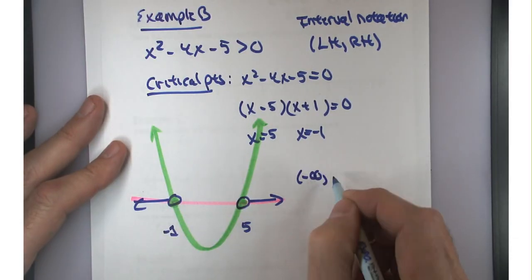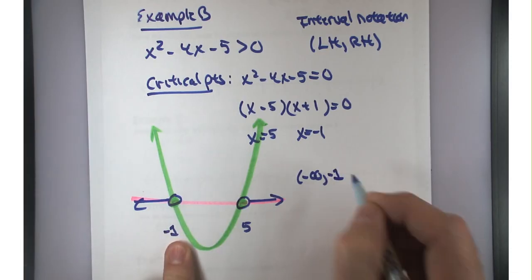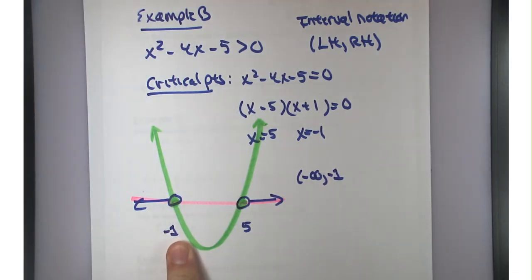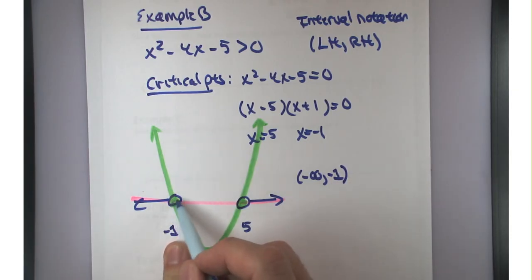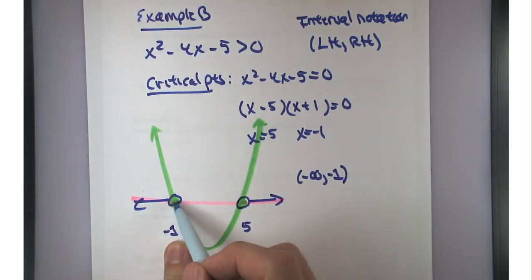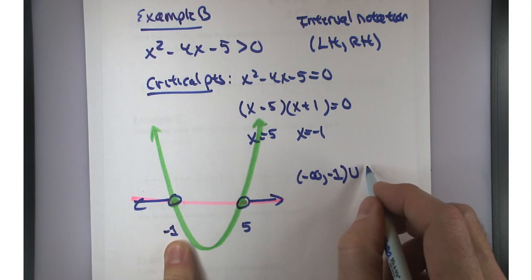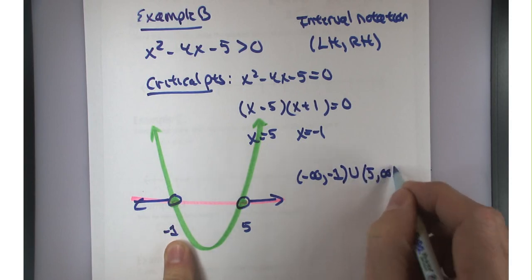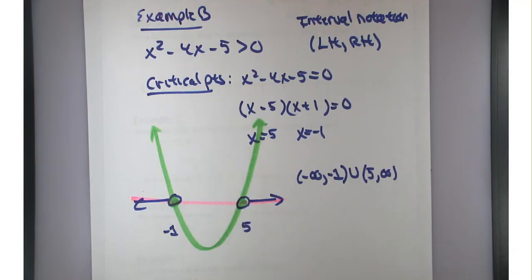Negative infinity to negative 1. Ah, well done. Parentheses. I didn't even get to get the question out. You've got the answer for me. We're not going to include the negative 1 because this is greater than 0, not greater than or equal to 0. Union, keep going. 5 to infinity. And again, parentheses on that one.